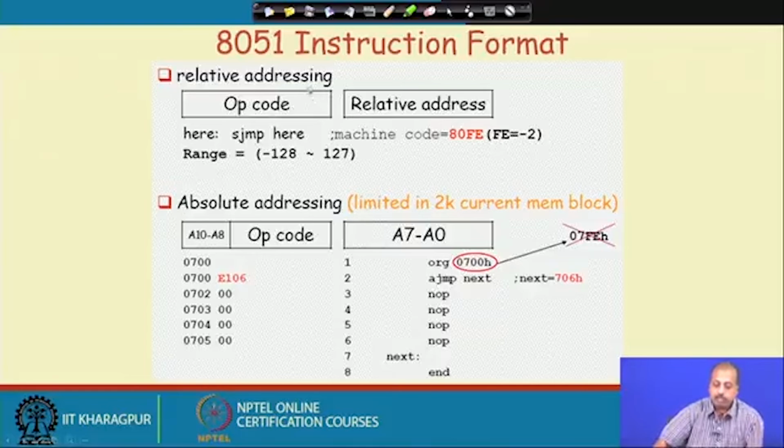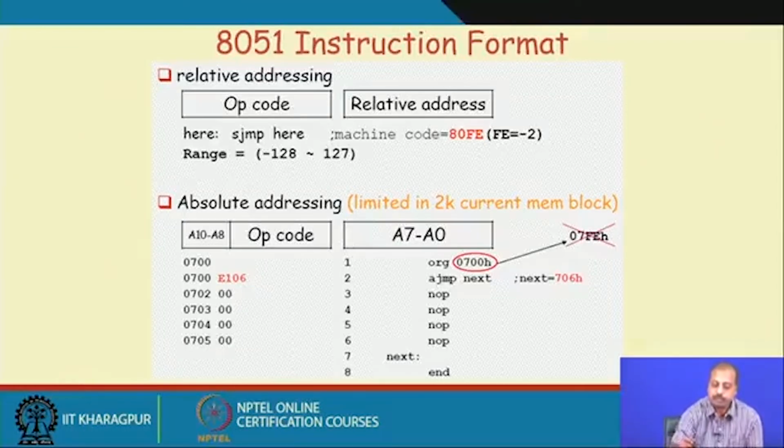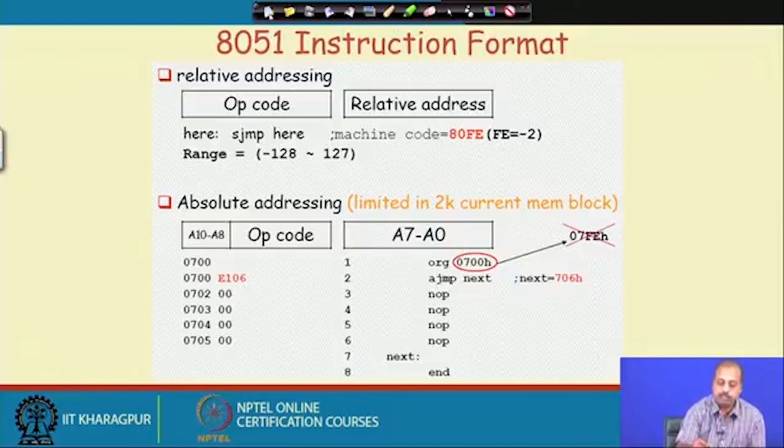Then we have relative addressing. Relative addressing is one category that comes in the context of jump instructions, the JMP instruction in general.